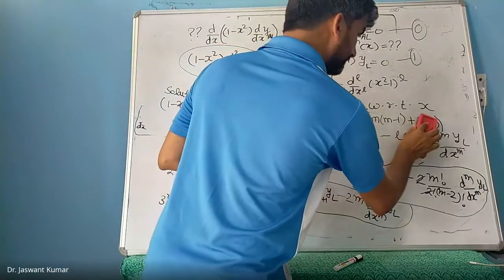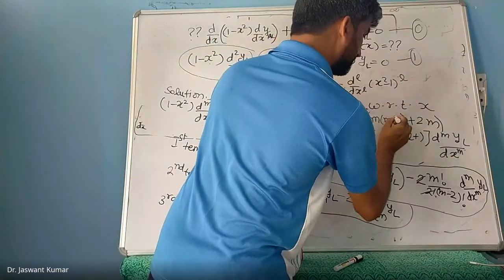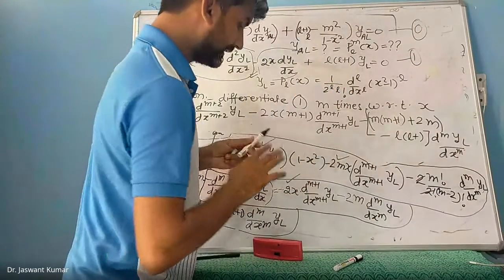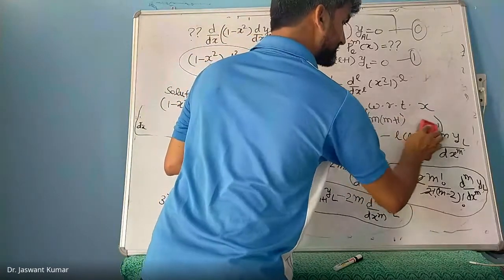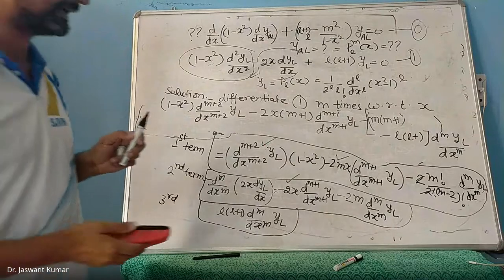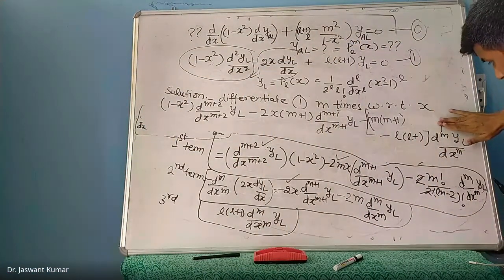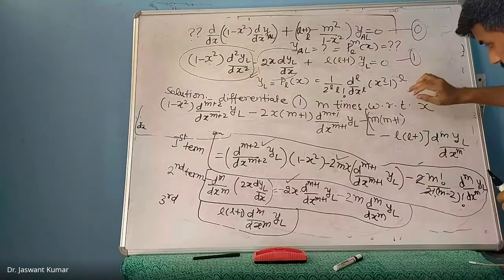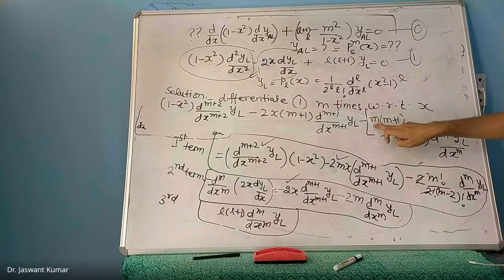Yes or no? Yes, sir. So I will drop this 2m and will change this (m minus 1) to (m plus 1). And since I have dropped that, I will replace the minus with plus. Okay. So this minus l into (l plus 1), because this bracket looks a bit messy, I remove this bracket. I remove this bracket also. So inside the bigger bracket, we now have m into (m plus 1) minus l into (l plus 1).